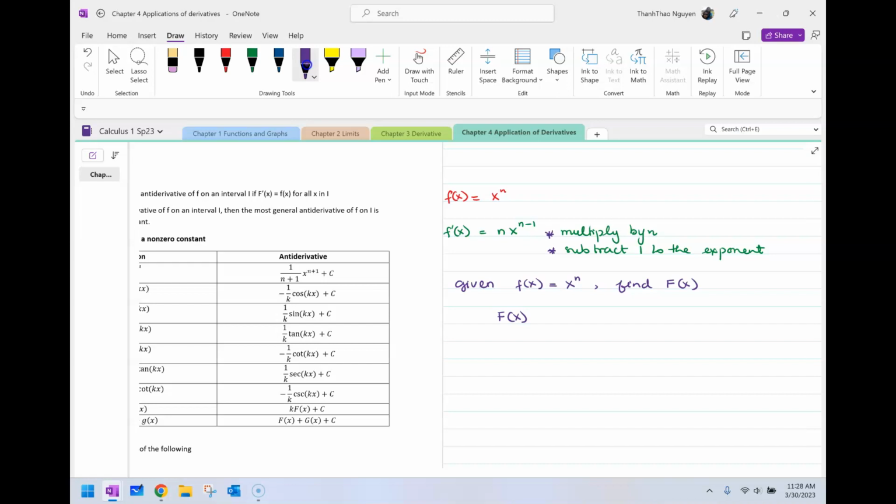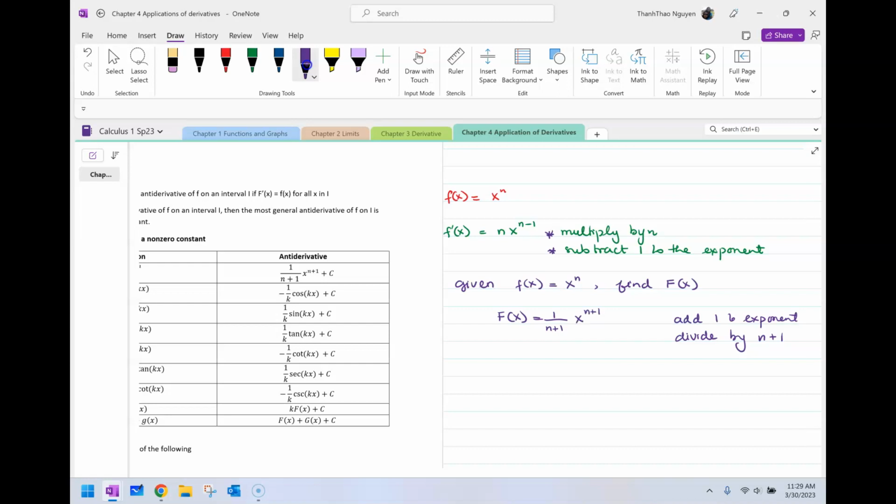Here, you add 1 to the exponent, and then you divide by n plus 1. So that now becomes 1 over n plus 1 multiplied with x to the n plus 1.